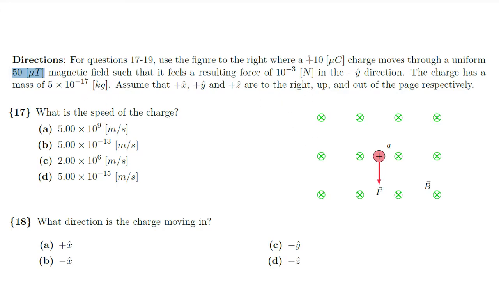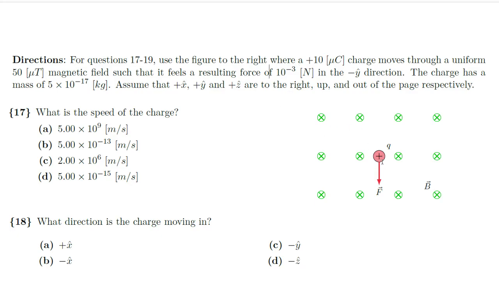Now it moves through that in such a way as to feel a resulting force of 10 to the minus 3 newtons in the minus y direction. Assume the standard coordinate system, so positive x is to the right, positive y is upwards, and positive z, if you really need to care about a z-axis, points out of the page.